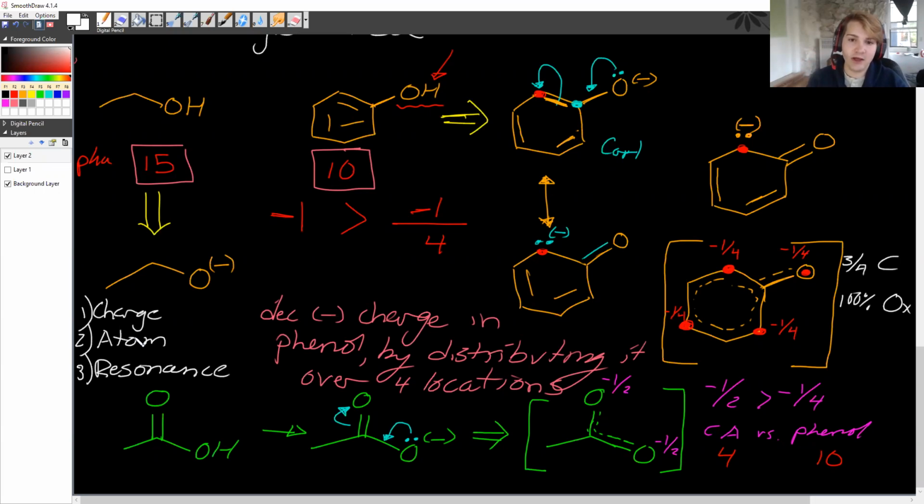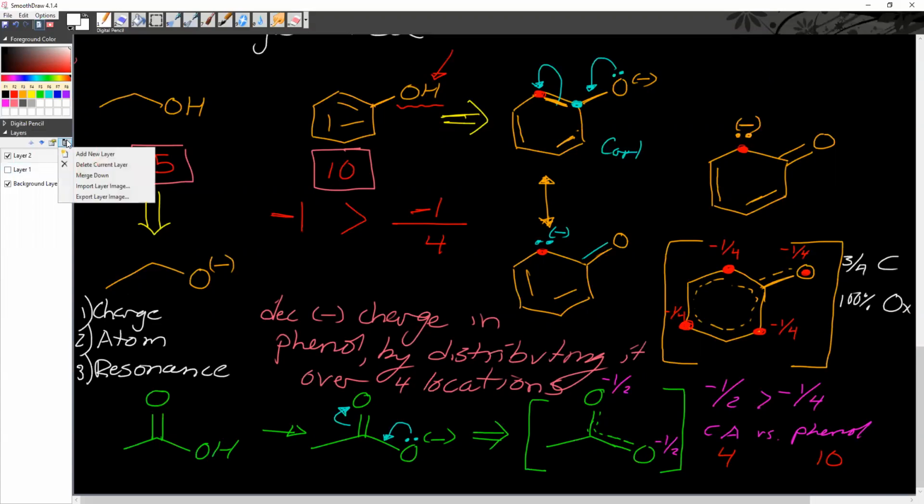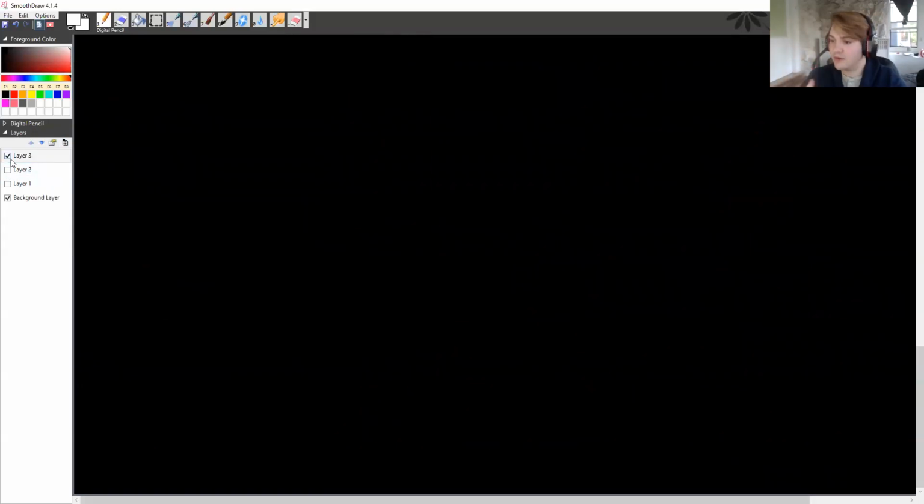By memorizing them or being familiar with them, it saves a lot of work for you. You can take a look at those pKa's and compare them to these trends, and you'll be able to figure it all out. Okay. But in general, the charge is always first, then atom, then resonance? Yep. The order that we're learning them is the order that they contribute most to acidity. Okay, cool. Thanks. No problem.